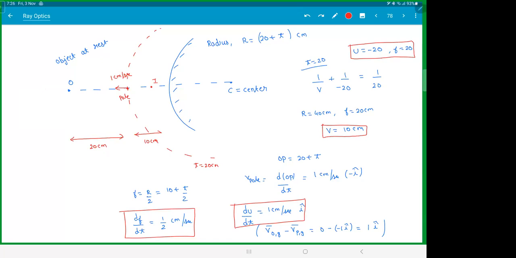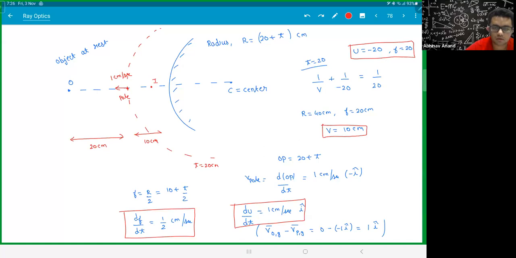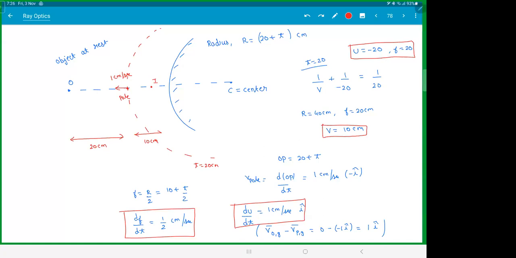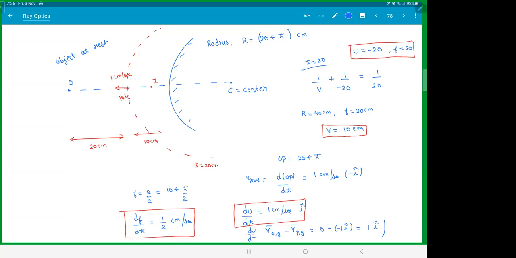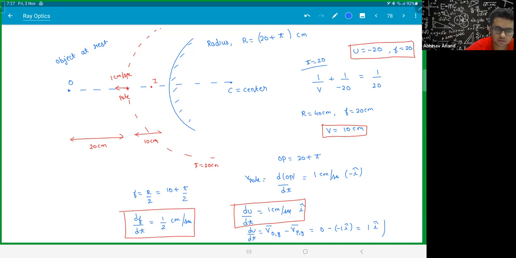What is du by dt? Velocity of the object with respect to the pole. So that is 1 centimeter per second. For this I need Vp, because du by dt is V object minus V pole. So du by dt came. Then R came, so from R, dF by dt came. Okay, thank you. Got it?